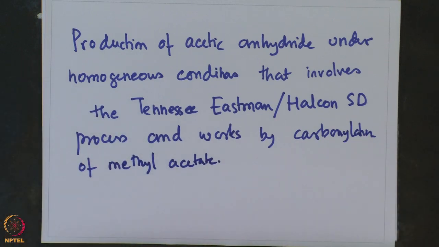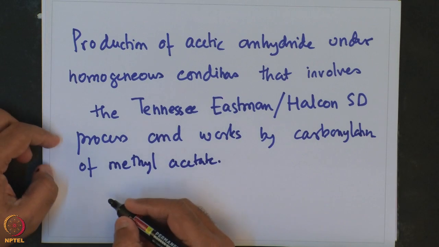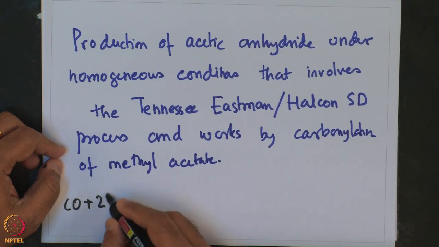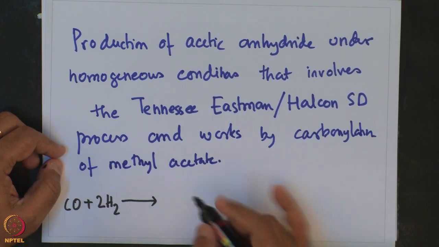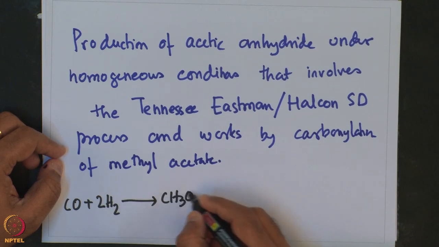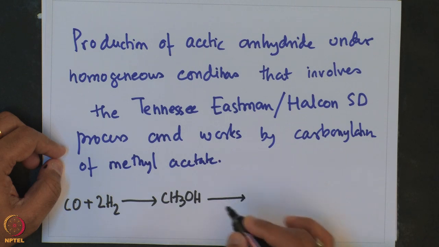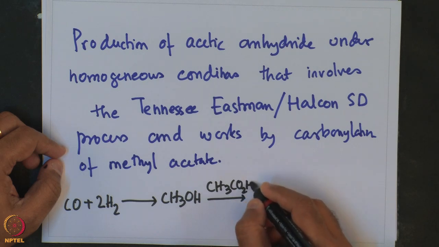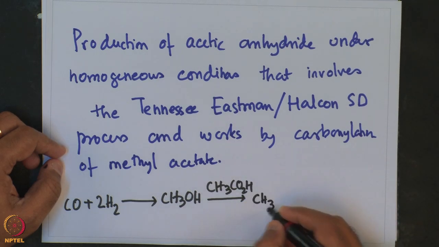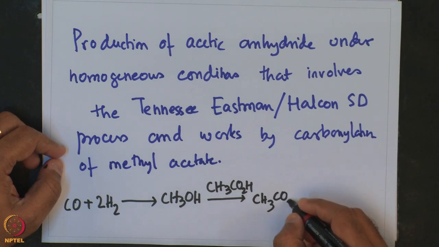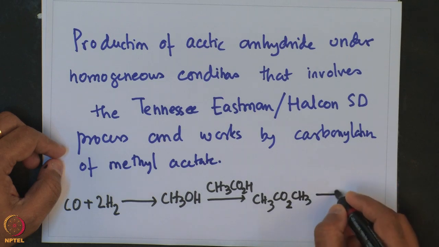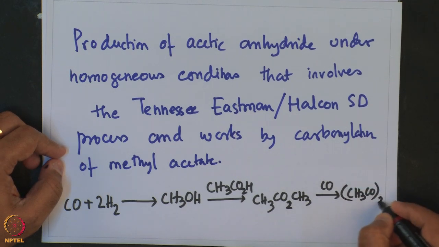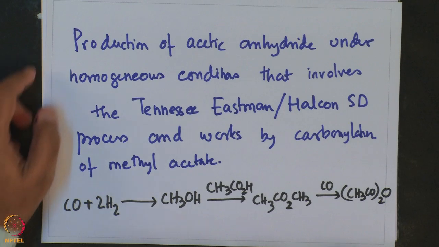So, this is again beautifully given by CO plus H2, which is nothing but synthesis gas, generating methanol, which then reacts with acetic acid, producing methyl acetate, which reacts with carbon monoxide to give acetic anhydride.